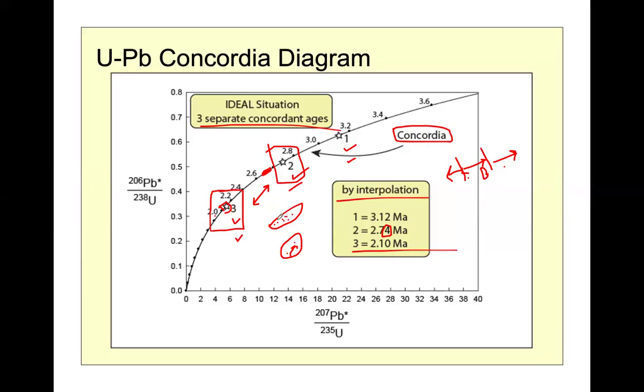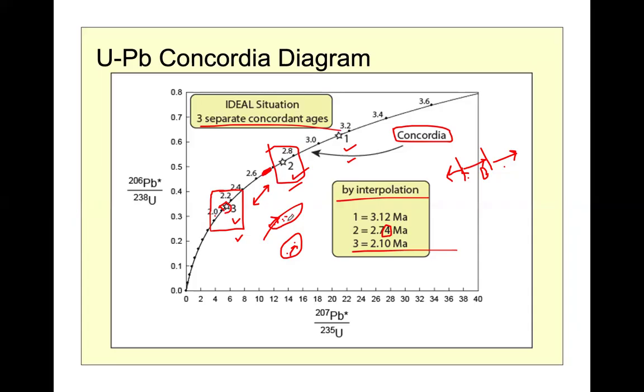So this is high resolution. So if you hear something like high resolution geochronology, that means this type of very closely spaced geochronological investigation. So for Concordia interpretations, we have to definitely interpolate these values.